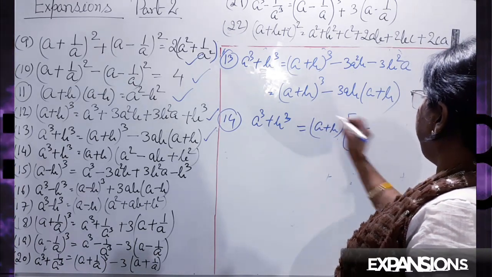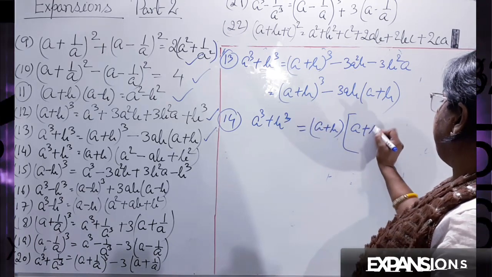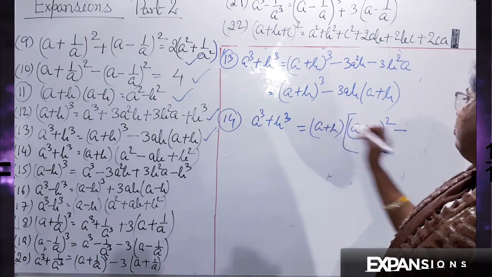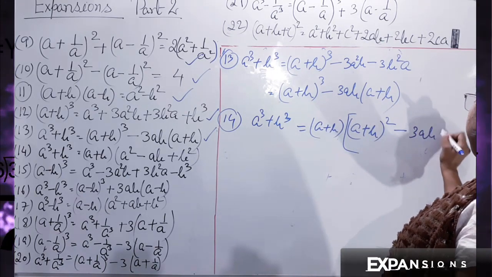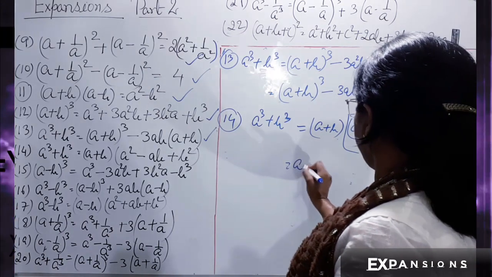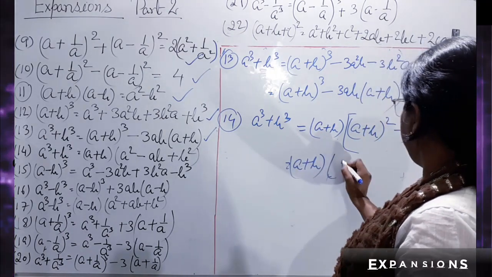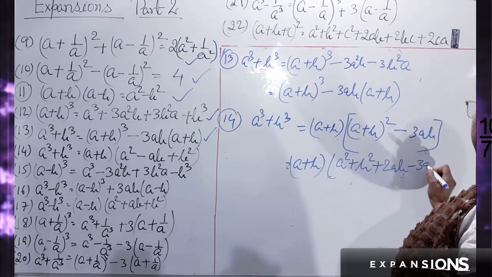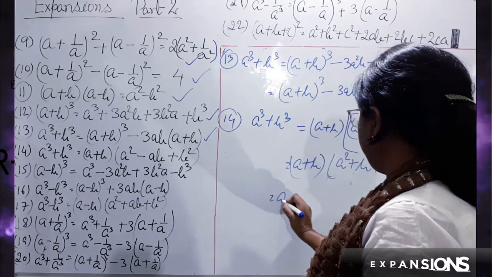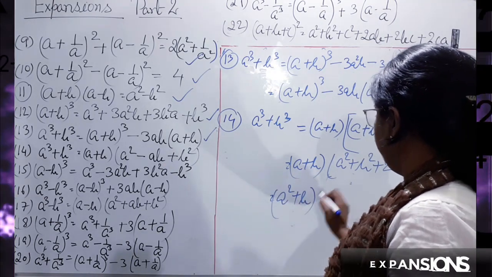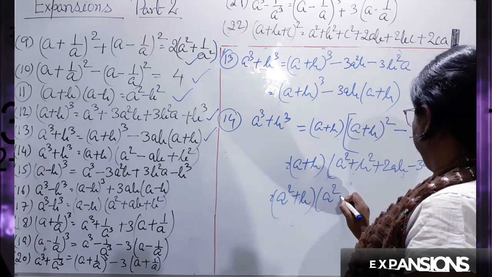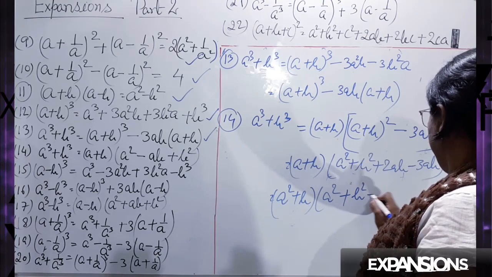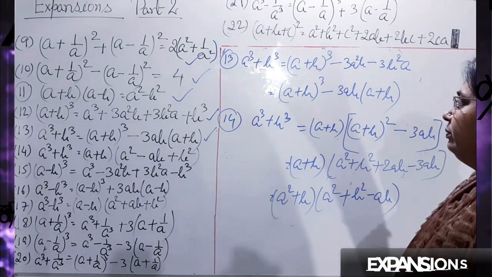Now in the first term (a + b) whole square is left, minus, (a + b) taken common, so minus 3ab, is equal to (a + b) into (a square plus b square plus 2ab minus 3ab), is equal to (a + b) into (a square plus b square minus ab). Now it is a formula.